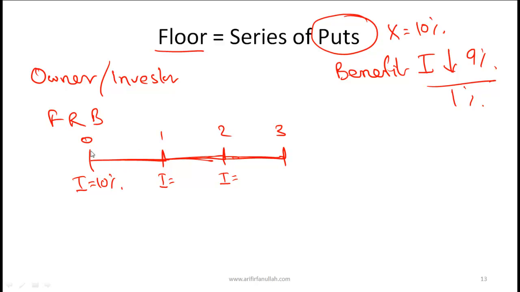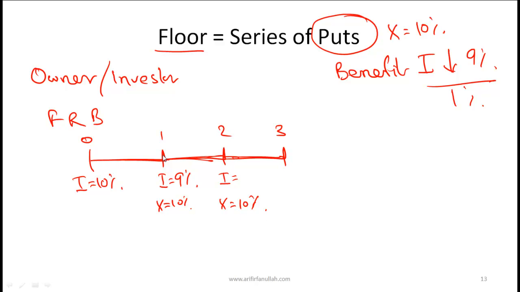Now let us say that in this example the market rate of interest comes down to 9%, but at time 0 you had invested in a series of put options. So one put option expires over here with a strike price of 10%, and the second put option expires over here with a strike price again of 10%.